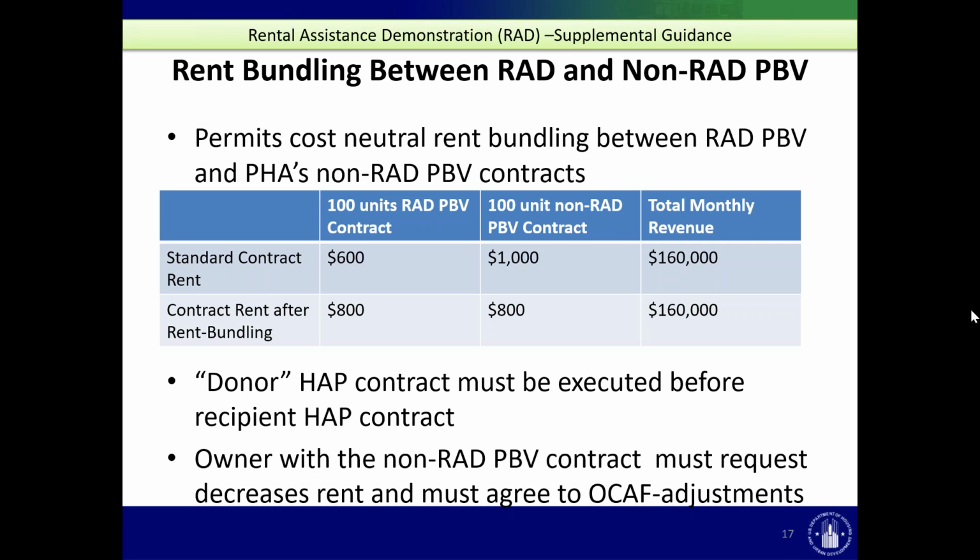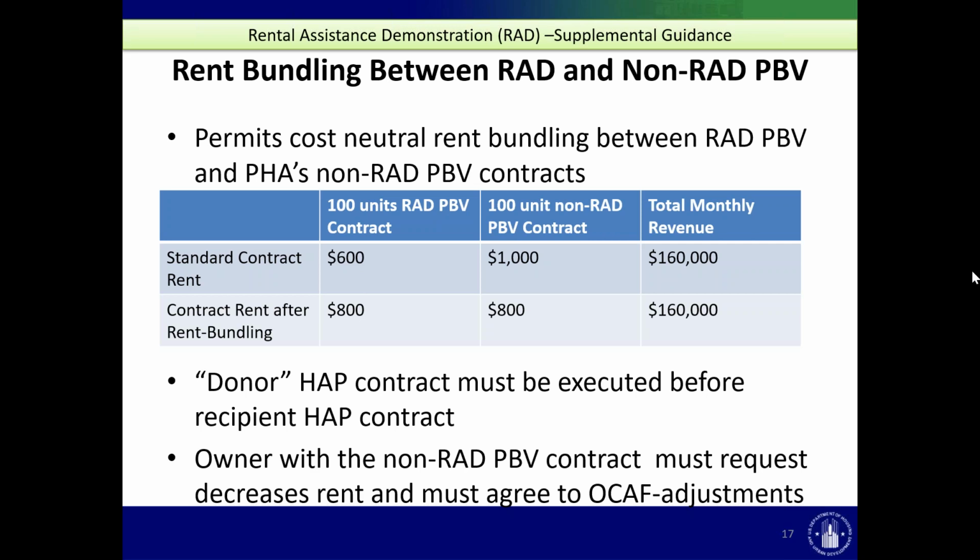So here's a little short example. So you have two 100-unit contracts. One is a RAD PBV contract, and another is a non-RAD PBV contract. The RAD contract has a contract rent of $600, and the non-RAD PBV contract has a rent of $1,000.